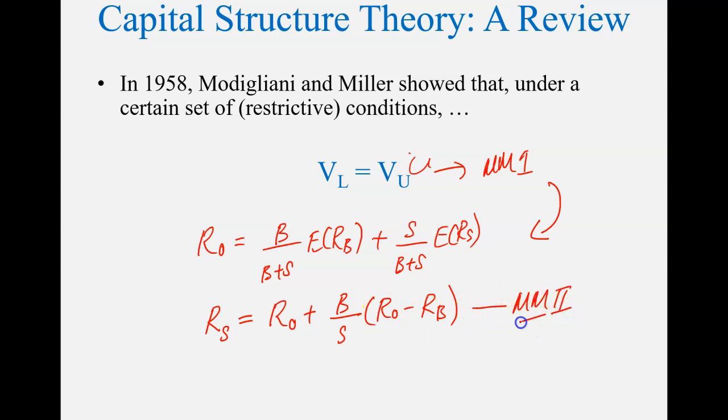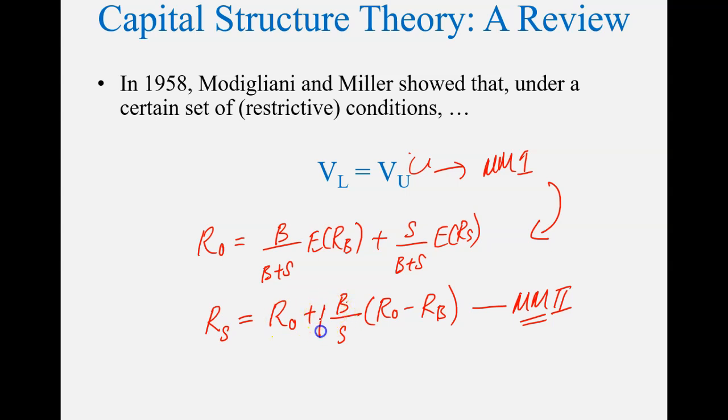What is MM2 saying? And this is the important point. MM2 is basically saying that when there is no leverage, so that debt to equity is 0, then cost of equity is, of course, the unlevered cost of equity. Equity holders require a certain rate of return. Regardless of debt, they will be bearing the underlying business risk, and so they will require some compensation for that.